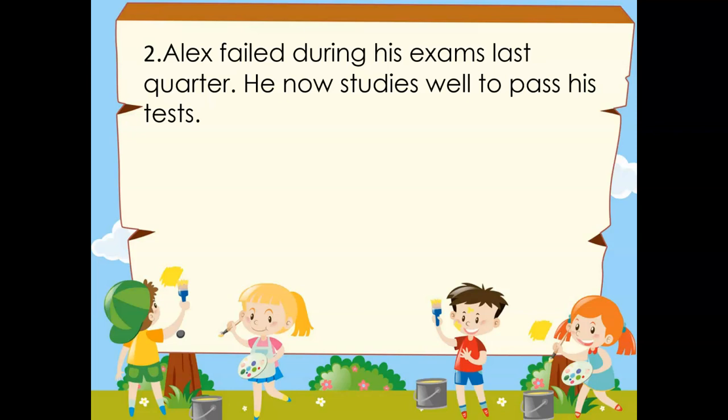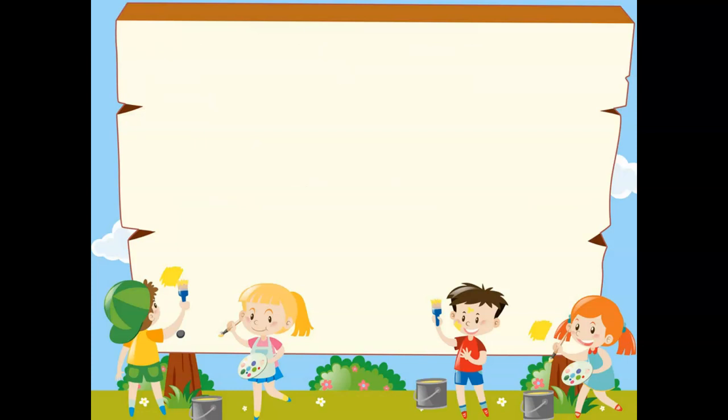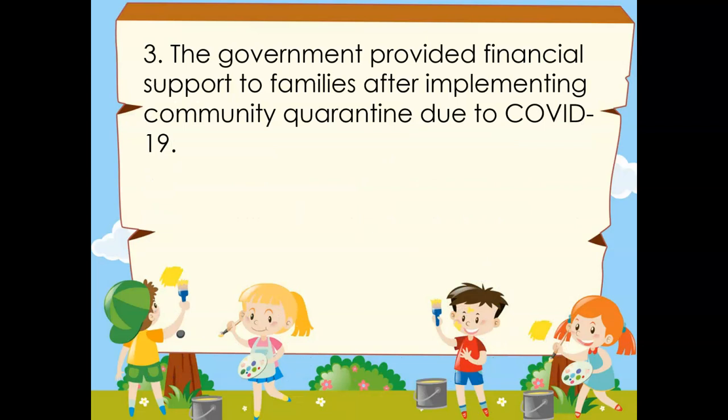And what do you think is the possible solution? The solution is he now studies well to pass his test. Okay, that is the solution in this problem. Now, the government provided financial support to families after implementing community quarantine due to COVID-19.